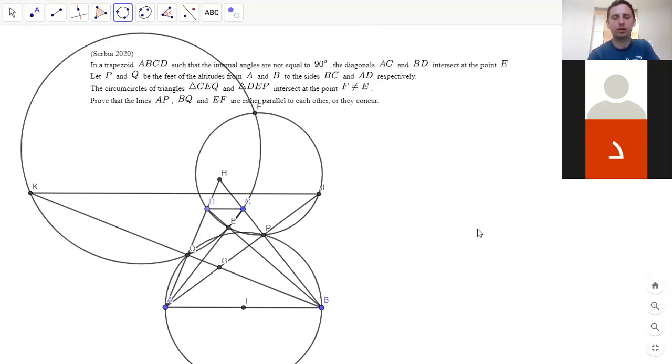Maybe phantom point. So what's the right phantom point to use, I guess? Oh, draw the parallel through K and let it meet the other circle at J. Okay.